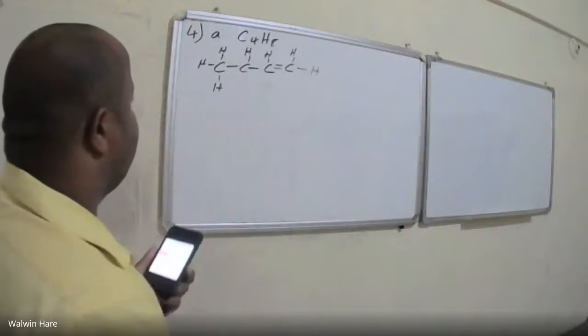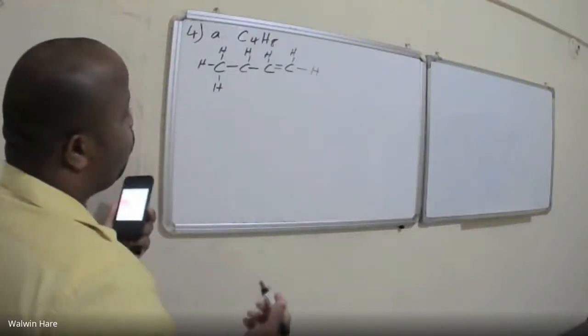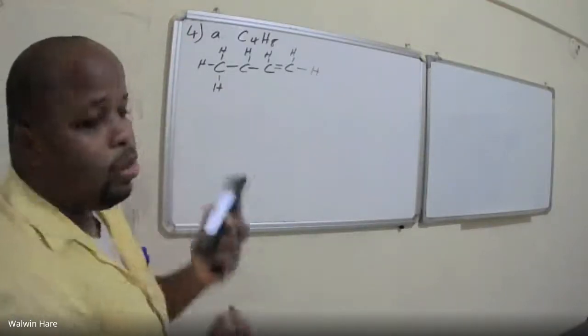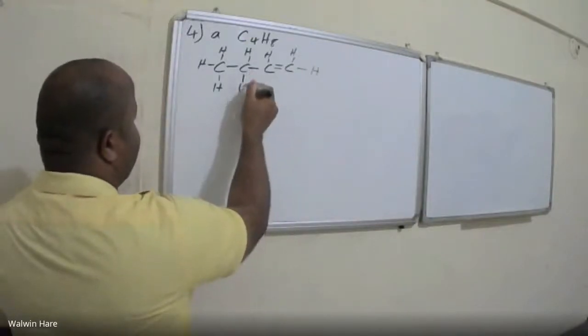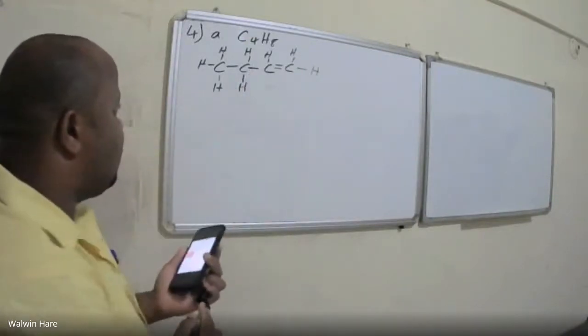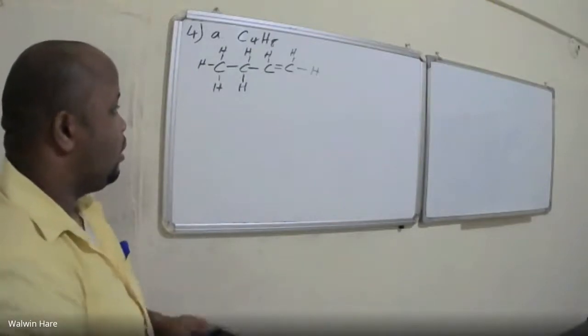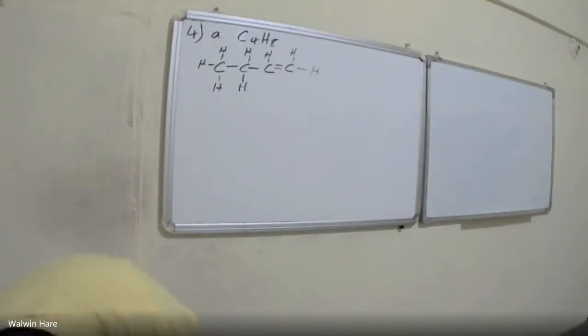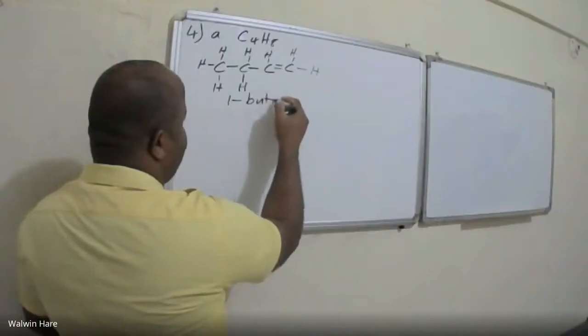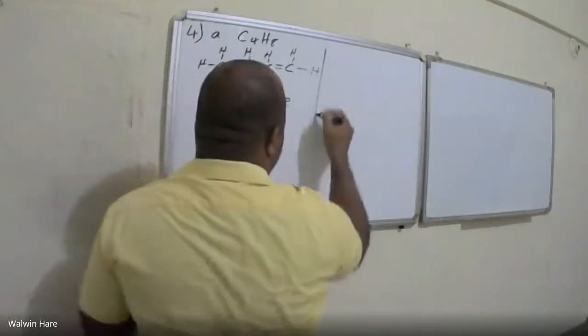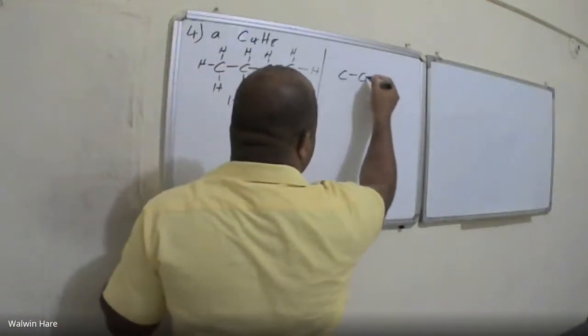Right. So we could do 1-butene. What else could we do? Which other isomer could we have done? So this is 1-butene. And the 2-butene. That is correct. So we could also do 2-butene.